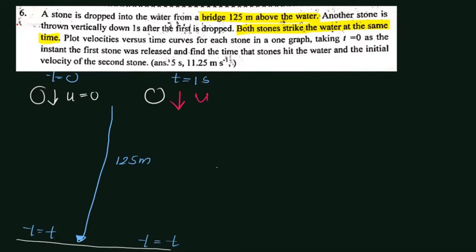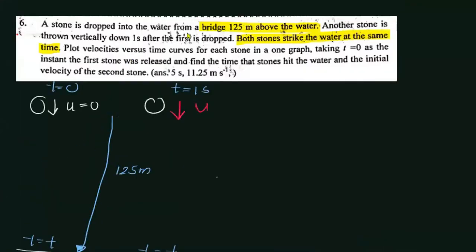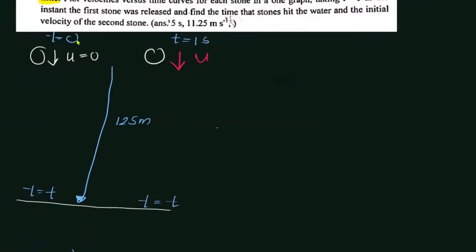So fine, let's do it. Let's draw a VT graph. How is it going to be drawn? If the first stone starts from 0 velocity, it freely falls. What is the acceleration of the first stone? It falls with acceleration a equals g.